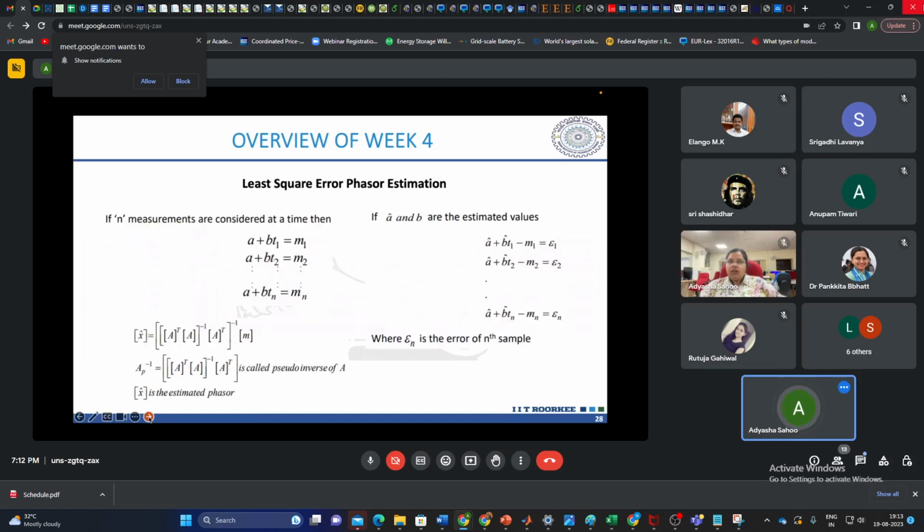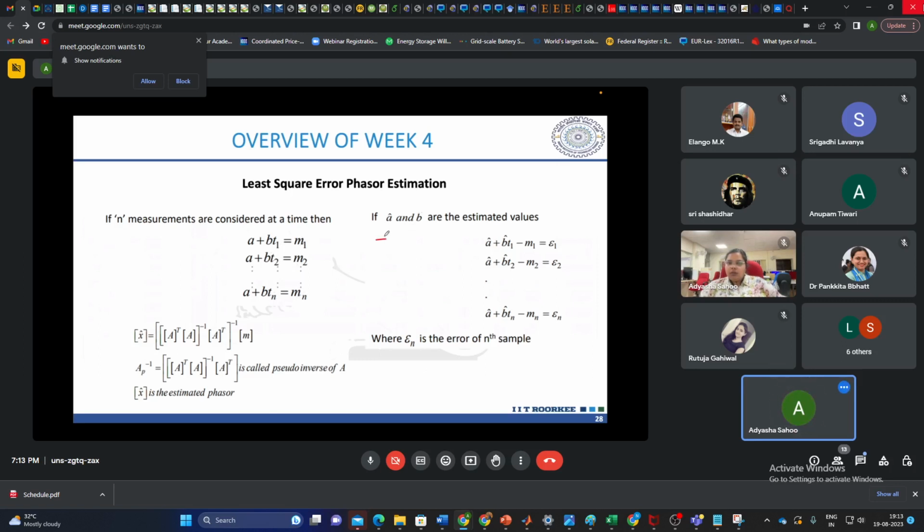The next technique that we studied in the lecture for this week was least square error phasor estimation. Basically, when we have some measurements, how can we compute these phasors? Here, at time instances t1, t2 to tn, we have some measurements m1, m2, mn.